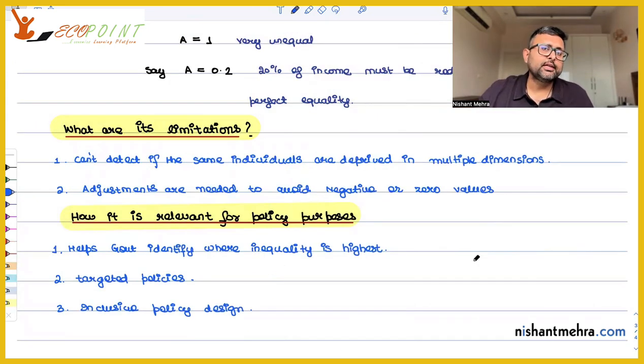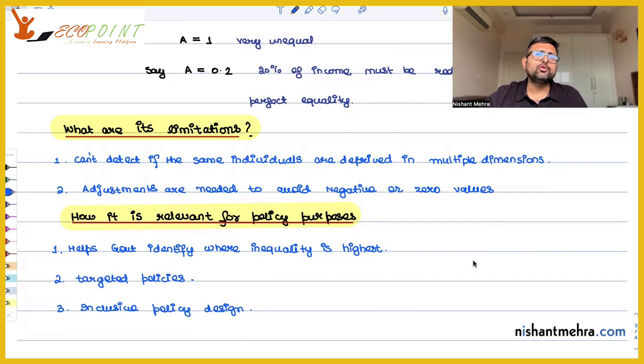What are the limitations of inequality adjusted HDI? One is that it is possible that one group faces inequality in terms of health as well as income, and it cannot capture that problem. Other is that the Atkinson measure uses logarithm, division, and geometric mean.